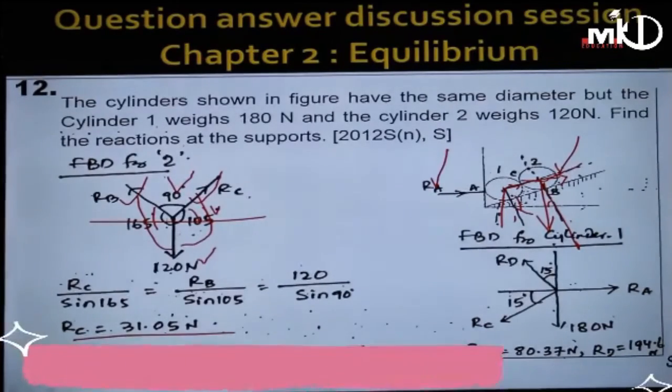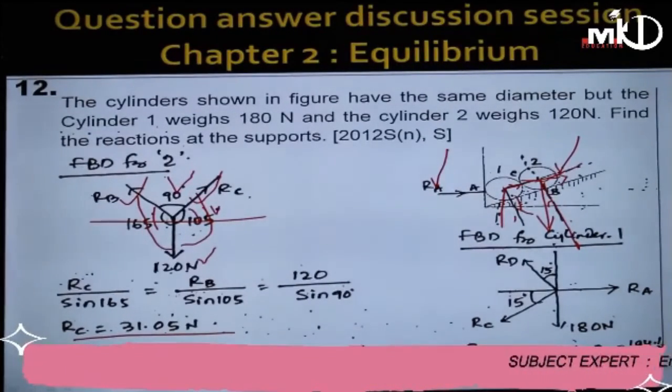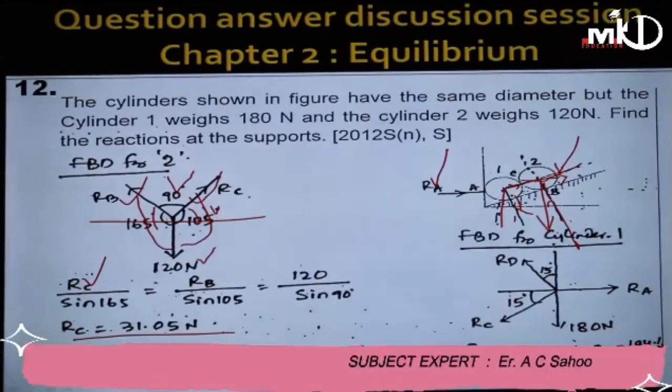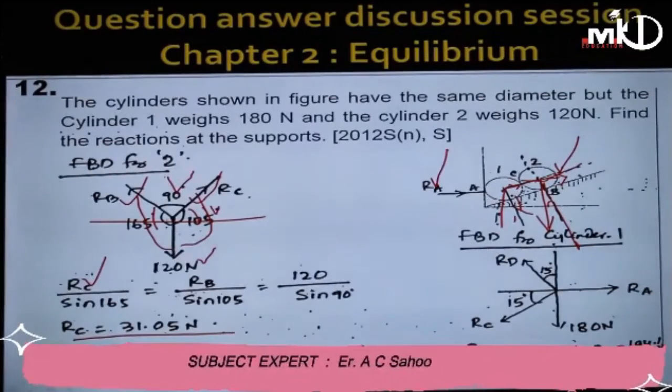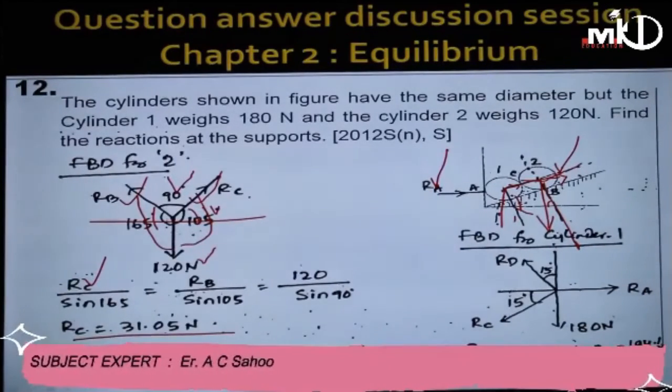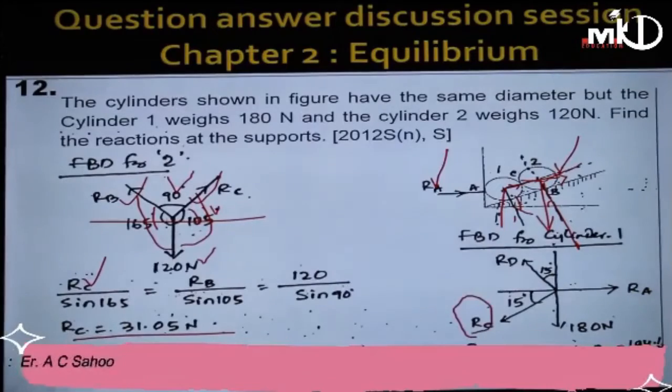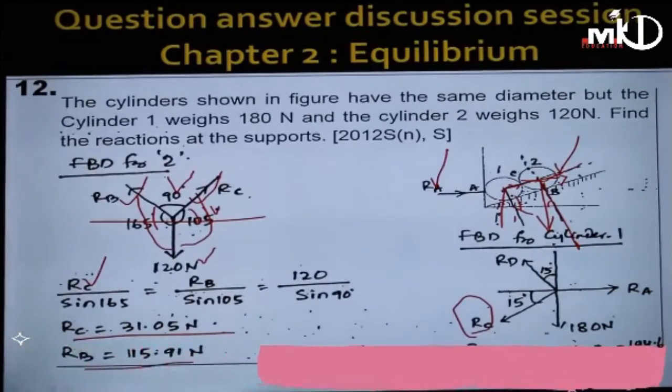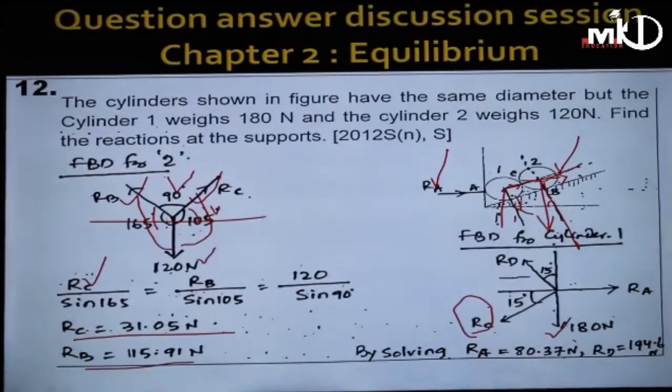So RC is important because the value of RC will be used again while considering body 1, or cylinder 1. So in cylinder 1 we now have the value of RC. So RC and 180 are both known values. Now the only unknown values are RD and RA. So with 4 forces we can't apply Lami's theorem. So we will use the conditions of equilibrium, that is total x equals 0, total y equals 0.